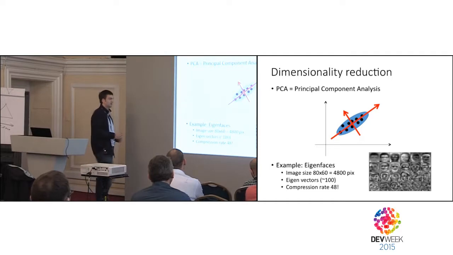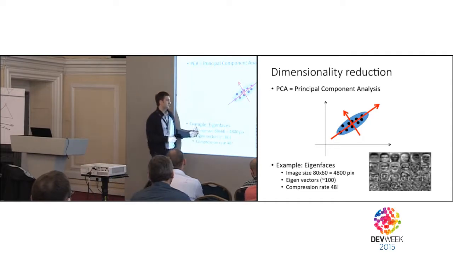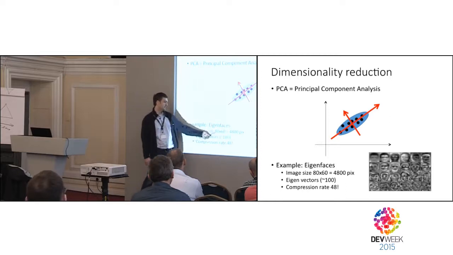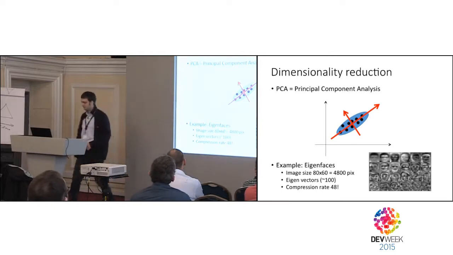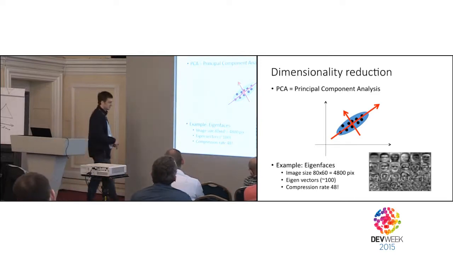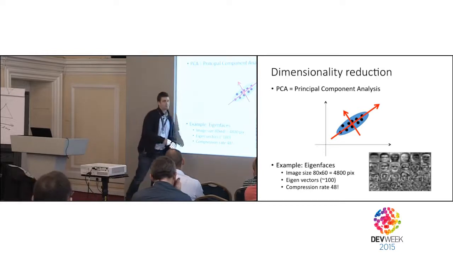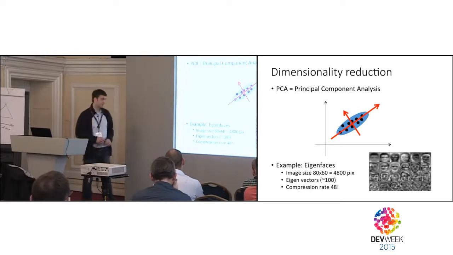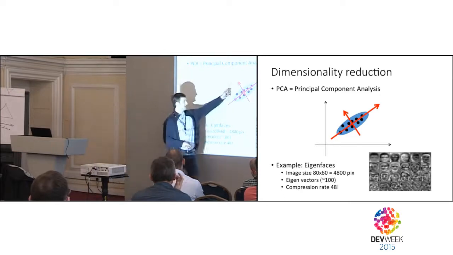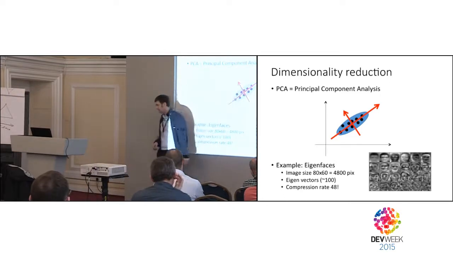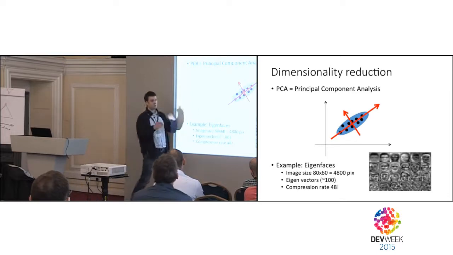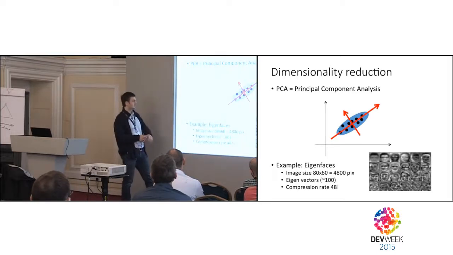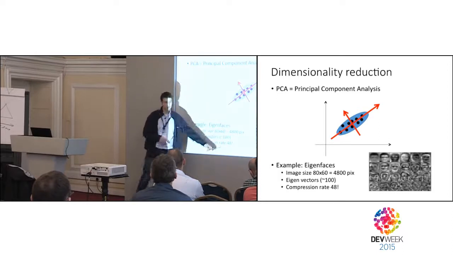And it happens that if the original feature space, say for images 80 by 60, has about 5,000 pixels, then studies show that about 100 dimensions, if we select them by the most changes in data, represent faces with very good accuracy. So in this case, we can throw out all our other dimensions in this new system of coordinates and receive a compression rate of almost 50.